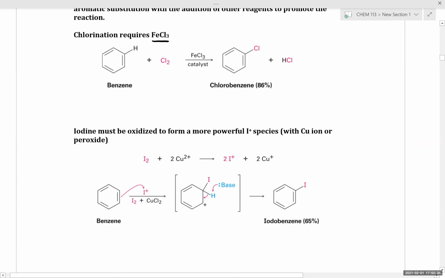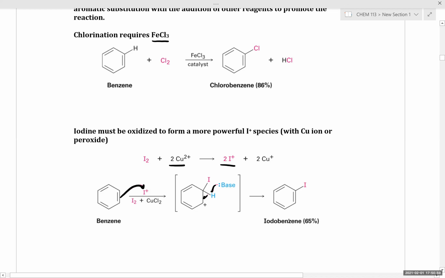Iodine, to activate iodine, we treat it with a copper salt to make an iodine plus equivalent. We need a stronger electrophile. This is a general theme for aromatic substitution. The mechanism is identical. We attack our electrophile and then we eliminate a proton to regenerate our aromatic ring.